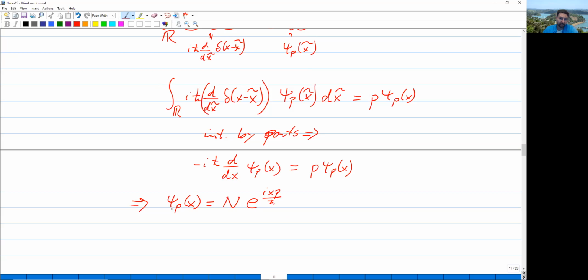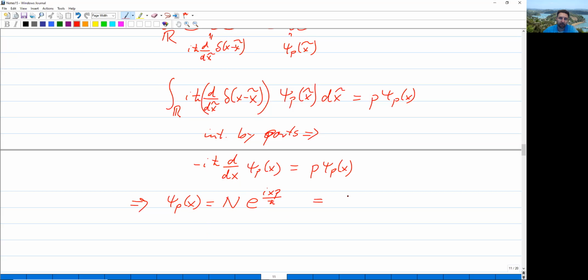Because if you differentiate that with respect to x, then you get down an i p over h bar, or you get a p divided by minus i h bar. So you just get this. All right, so that's what we have here.